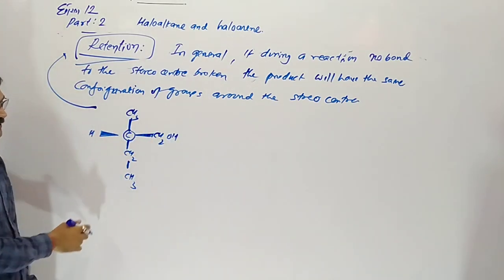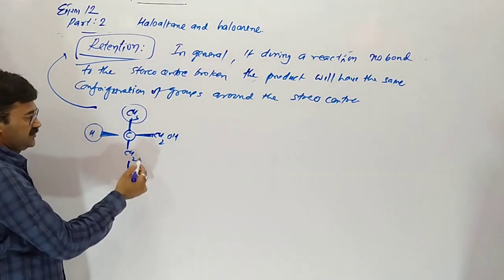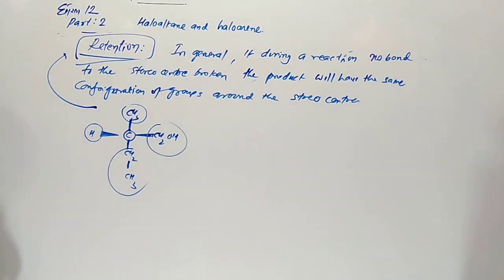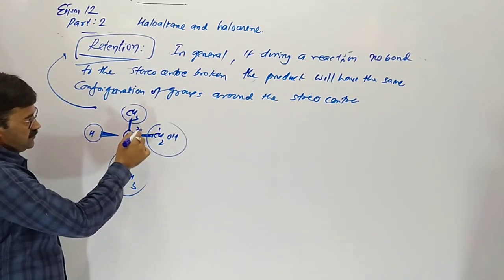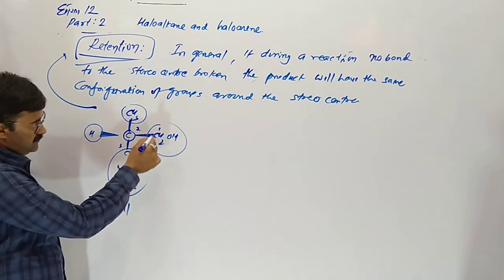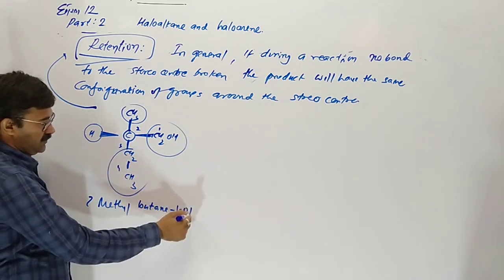This is our stereo center, chiral carbon. Here CH3, H, ethyl and CH2OH. All the four groups are different. Name of the compound: 2-methyl, 1, 2, 3, 4, butan-1-ol.